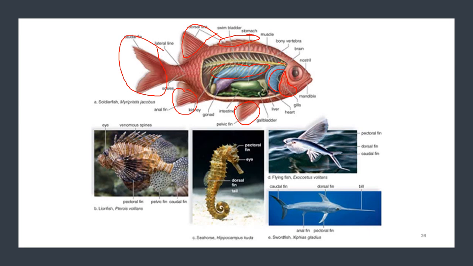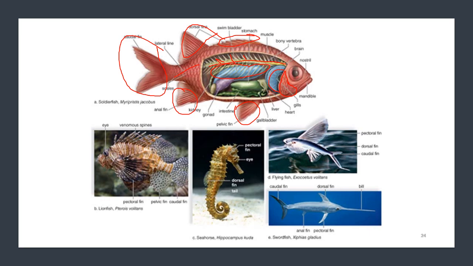But of course, we have this skeleton here made of bone. And most of the rest of these are going to be what you would normally see anywhere else. And of course, it has a lateral line as well, if you look at the external anatomy.